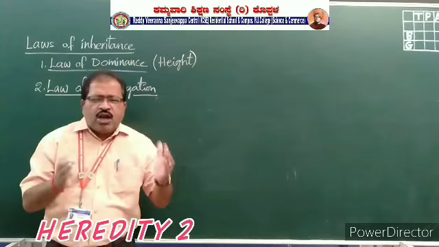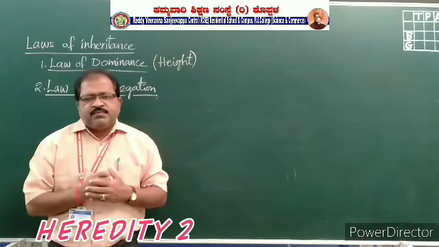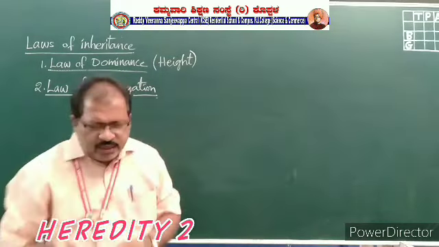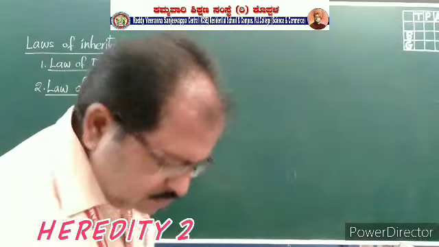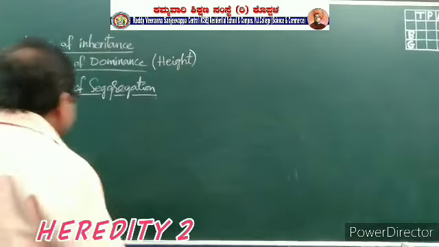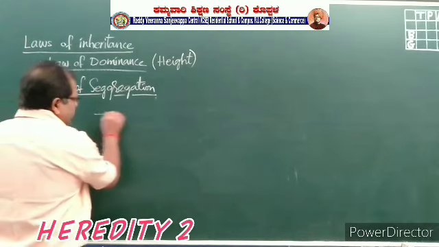This is called the law of segregation. Okay, let us see what that law of segregation is. In this also we will go for the Punnett square.